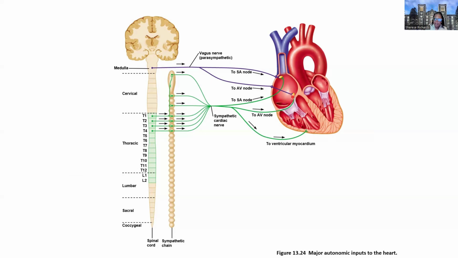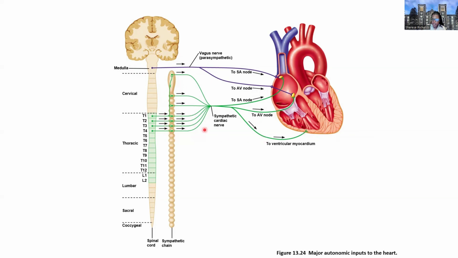The parasympathetic system has an influence more on the heart rate. It doesn't really affect the contractile cells, which are the myocardial cells, the way the sympathetic system does. So we'll look at this again later on, but when we think about the parasympathetic influence in the heart, it's mainly going to be on the pacemaker cells, the SA node and AV node, and not so much the ventricular cells.